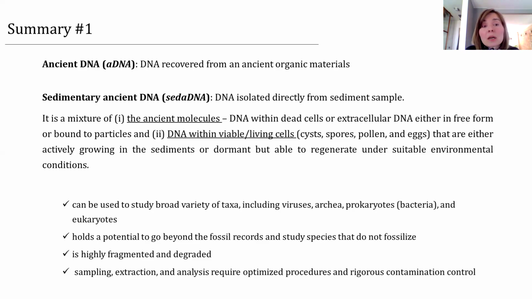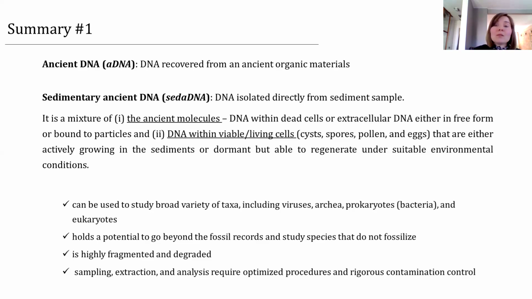Because in the case of this approach, analyzing DNA that is preserved directly in an environmental sample, it's very difficult, maybe more difficult, to trace the potential contamination than in the case of material that we can obtain from tissue.